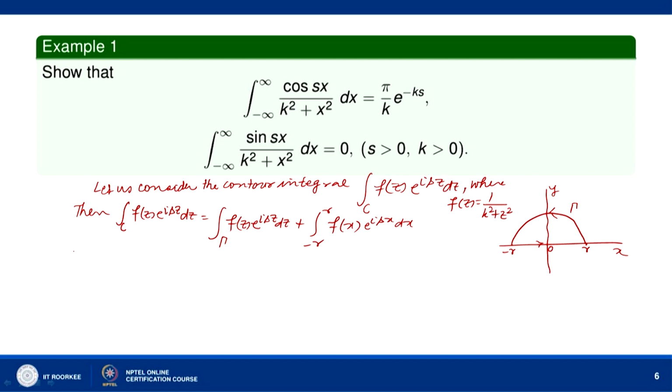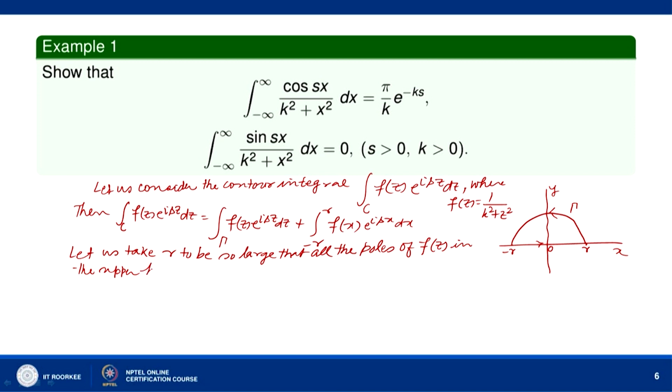Now let us take R to be so large that all the poles of fz in the upper half plane lie inside C.